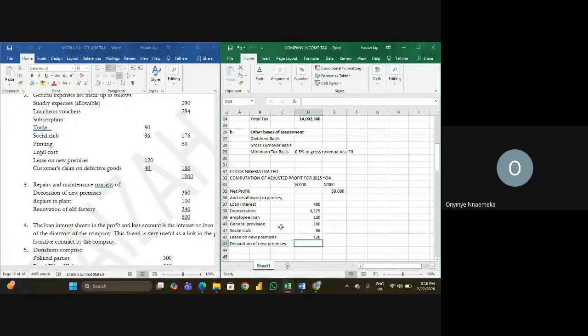So in the exam, if you have something like this that you think might have different views from different people, go with your view, and after you have finished the solution, put a note stating the reason why you disallowed or allowed that particular expense.